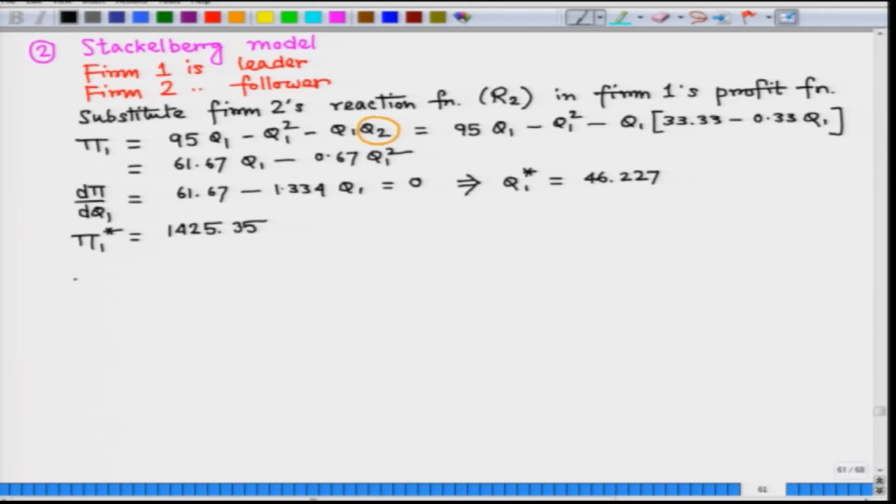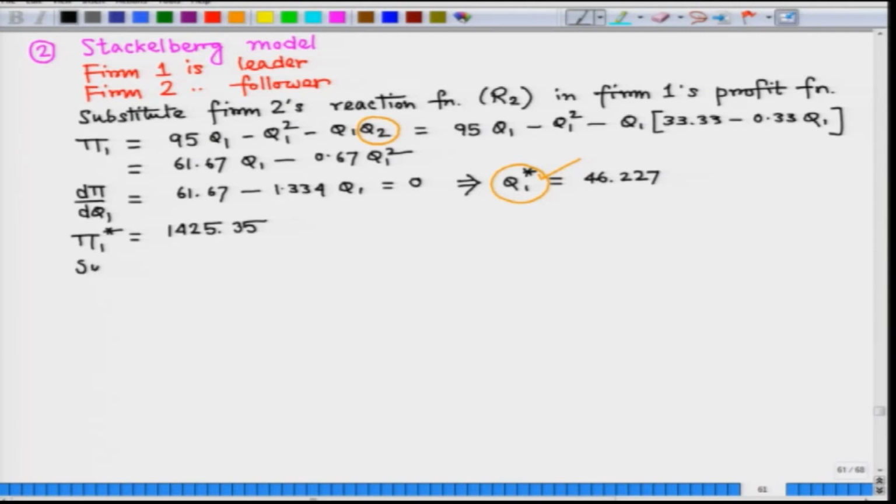So, that poor fellow has nothing to do but substitute this output level that the market leader has already set in the market into its reaction function and get its optimal output level in response.